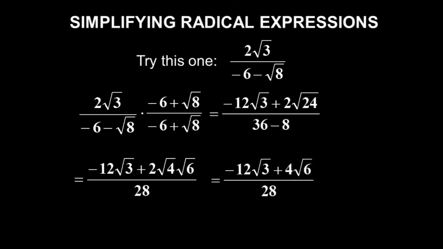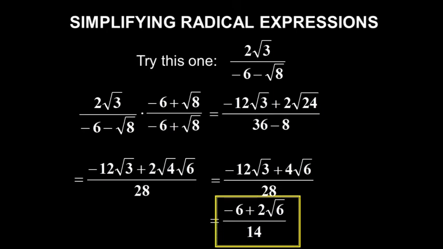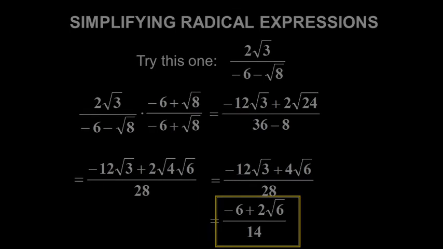That is equal to negative 12 square root of 3 plus 2 times the square root of 4, that is 2, 2 times 2, you will get 4 square root of 6 over 28. We can further simplify this one. What is the GCF? We can divide by 2. So divide 12 by 2, that is negative 6 square root of 3 plus 2 square root of 6 over 14.